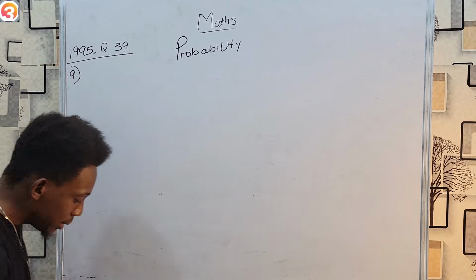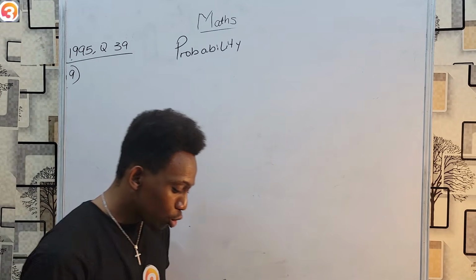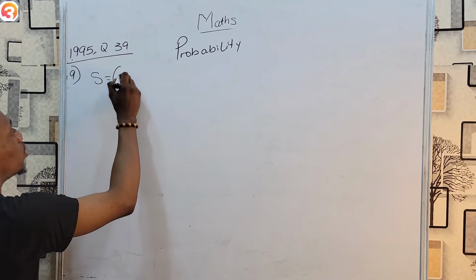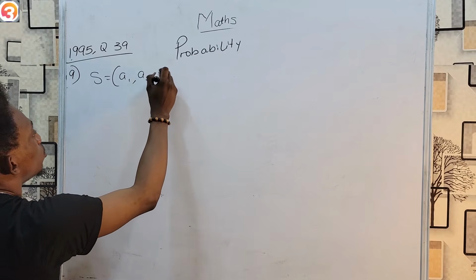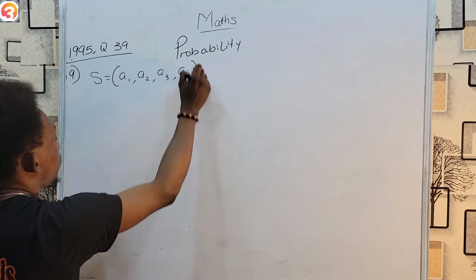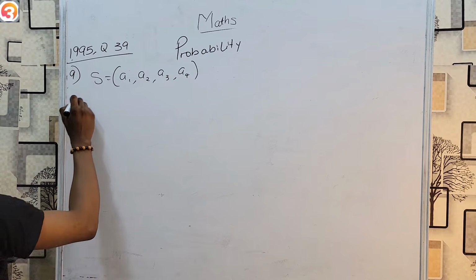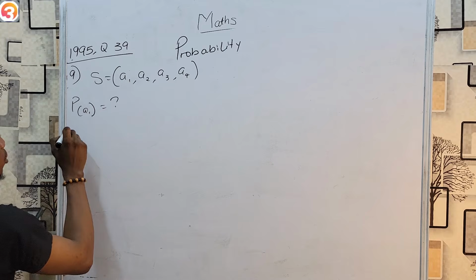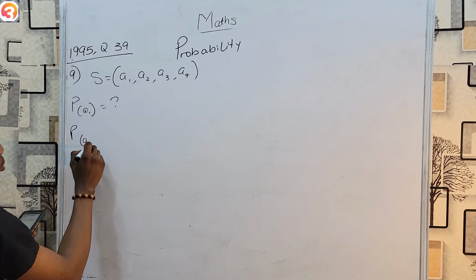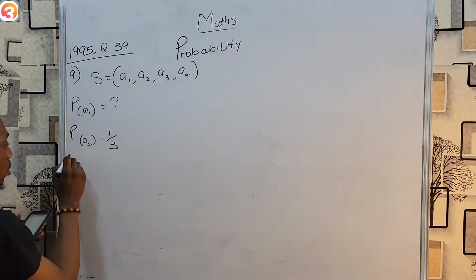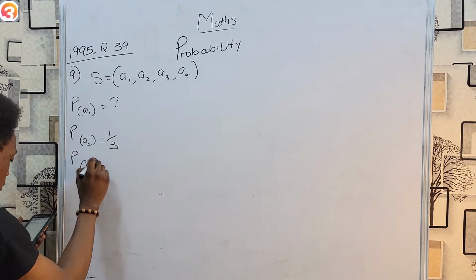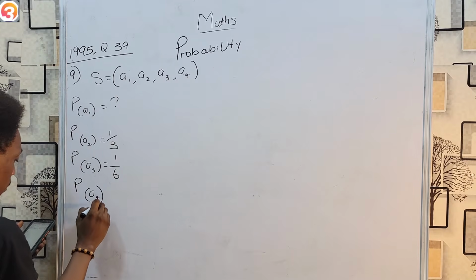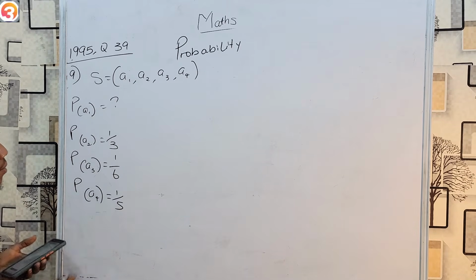This one says, let P be a probability function on a set S, where S equals A1, A2, A3, and A4. Find probability of A1 if the probability of A2 equals 1 over 3, probability of A3 equals 1 over 6, and probability of A4 equals 1 over 5.